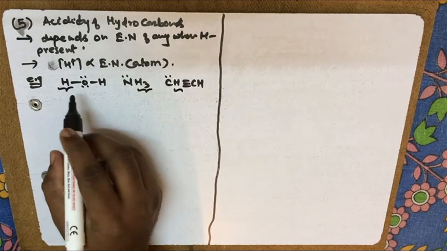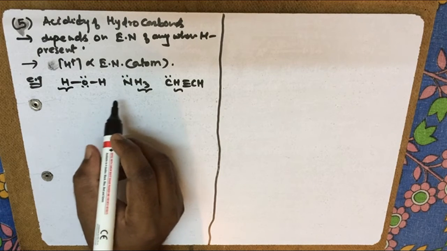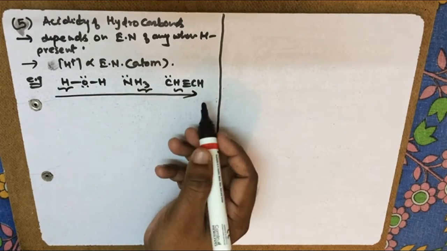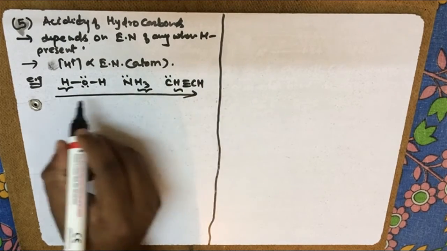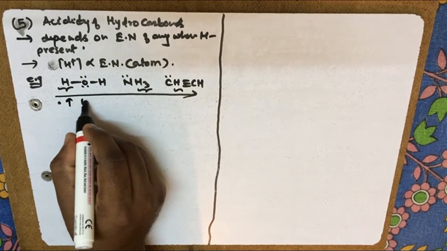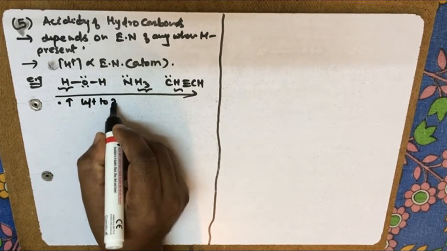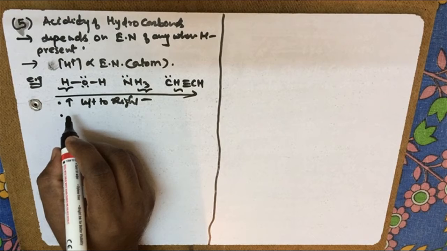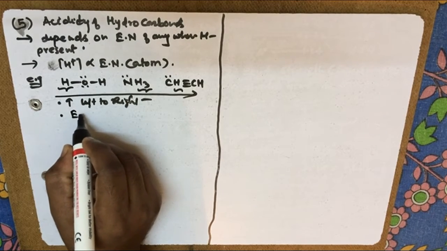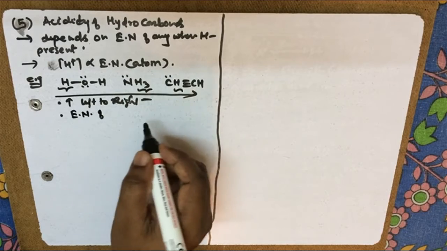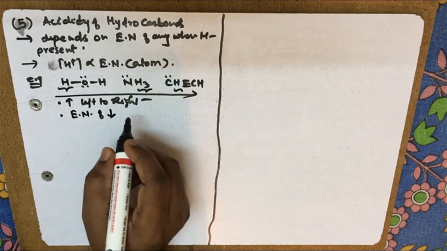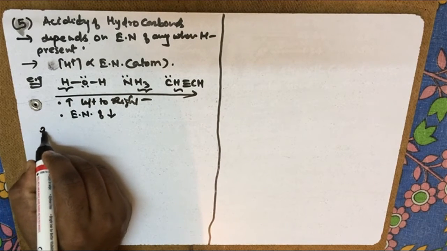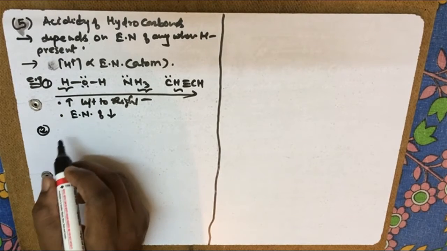Okay, so therefore the acidity of these molecules decreases from left to right. And second point, electronegativity also decreases, left to right.